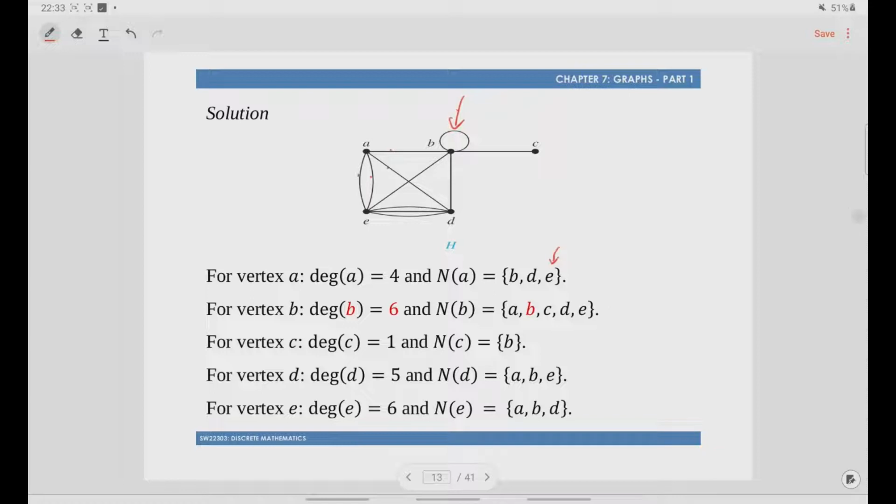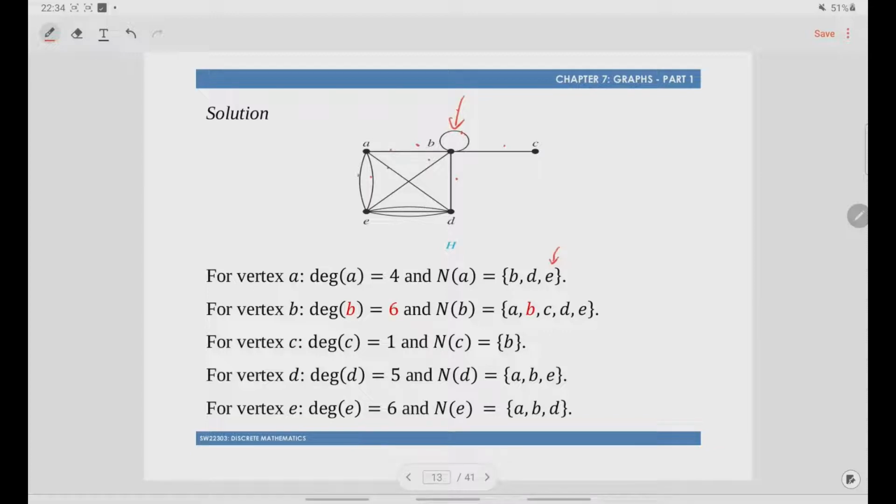We move to B. B has a loop. As you can see in the definition, a loop contributes twice to the degree of the vertex. So one loop contributes 2 to the degree of B. For B, we have edge 1, 2, 3, 4, because we have a loop, 5 and 6, because the loop contributes 2.